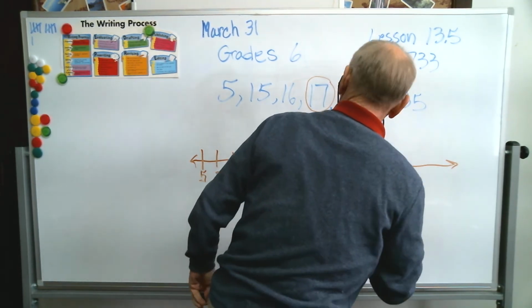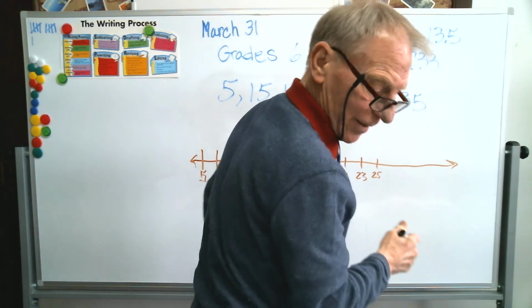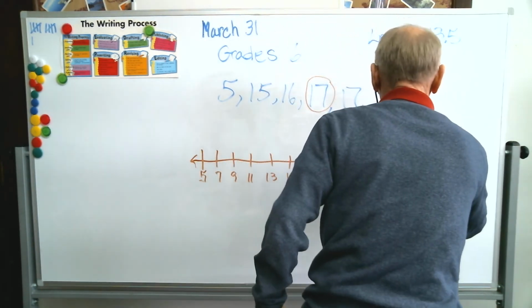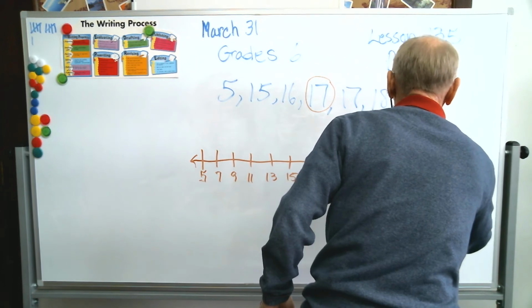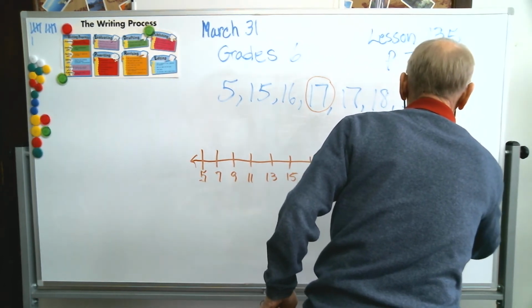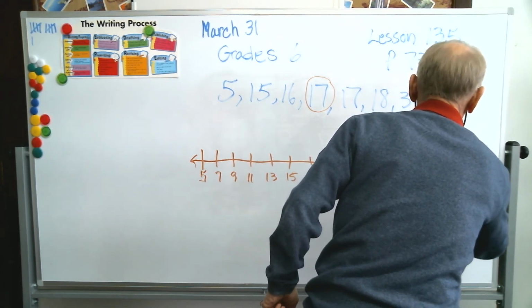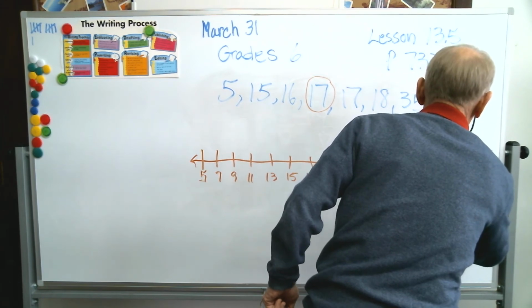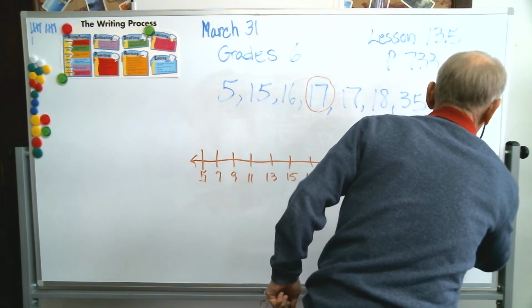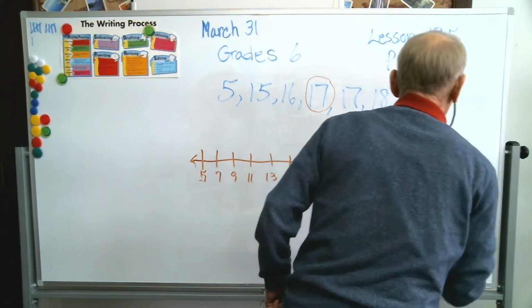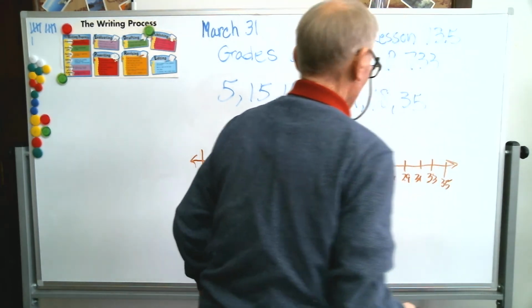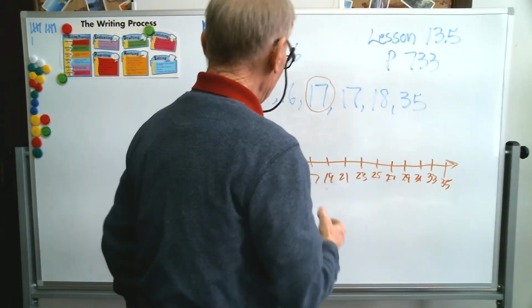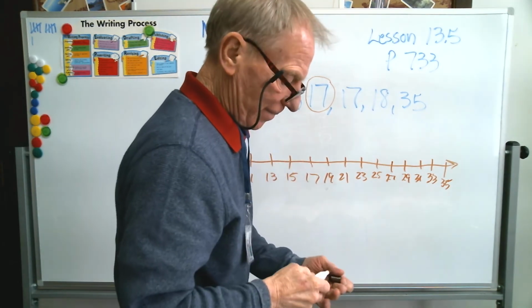Am I going to be able to make it here? 27, 29, 31, 33, 35. Well, we got it all in there. All right, so 17 is our median.